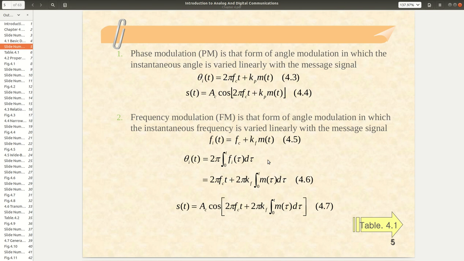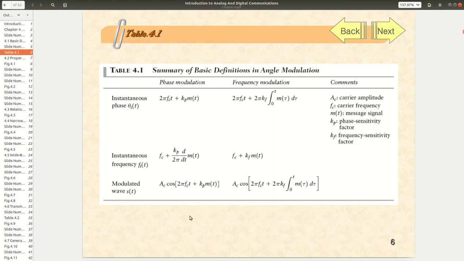So theta is 2 pi f_c t plus 2 pi k_f times the integral of m of t. We take the integration of f_i of t. Since f_c is constant, you integrate it by multiplying by t, and here you have to take the integration over m of t. This is very easy to go through.